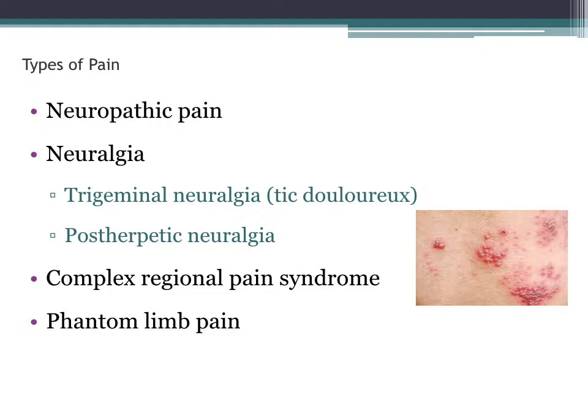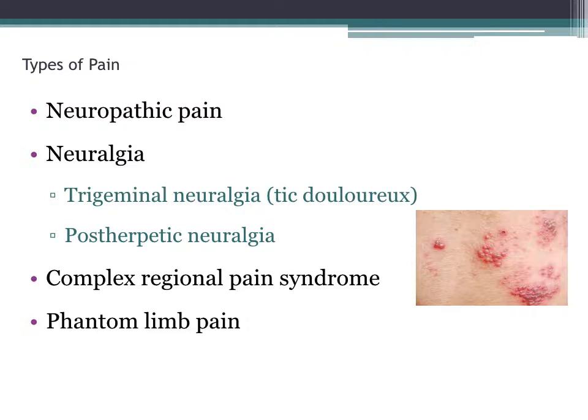It is defined as severe, brief, often repetitive attacks of, your book uses the word lightning-like or throbbing pain along a spinal or cranial nerve that's precipitated by stimulation of the cutaneous region that is supplied by that nerve. Cutaneous talks about skin or the structures just under the skin.